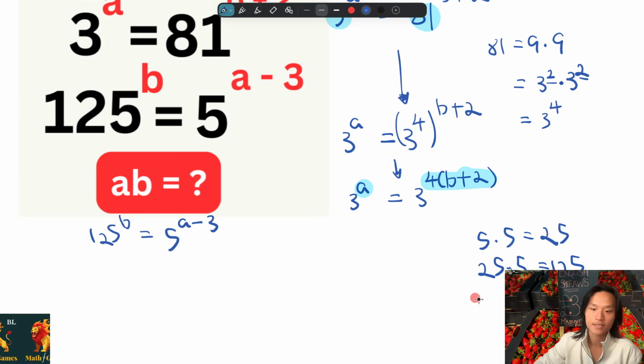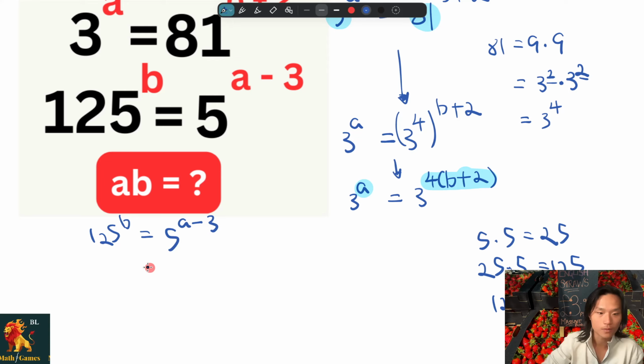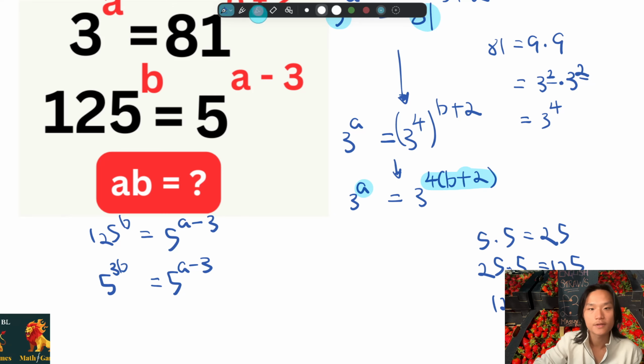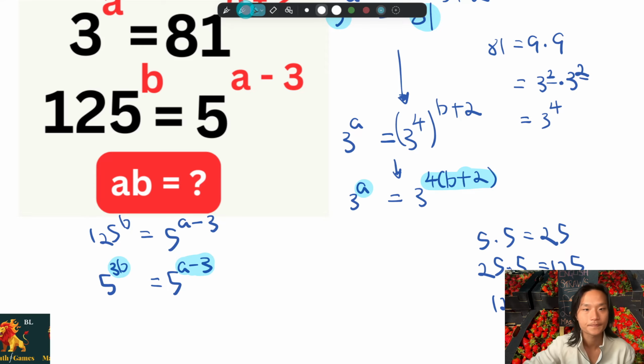What that means is 125 is 5 cubed. So we can simplify our equation and have 3b equals a minus 3. So right here, we notice the 3b and a minus 3.